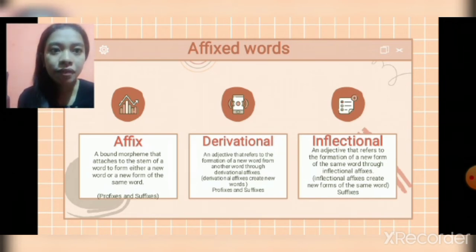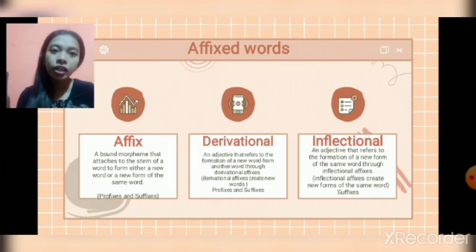And then, as I told you before, affixes are divided into two: derivational and inflectional affixes. First of all, we have to know what derivational affixes are. Derivational is an adjective that refers to the formation of a new word from another word through derivational affixes.